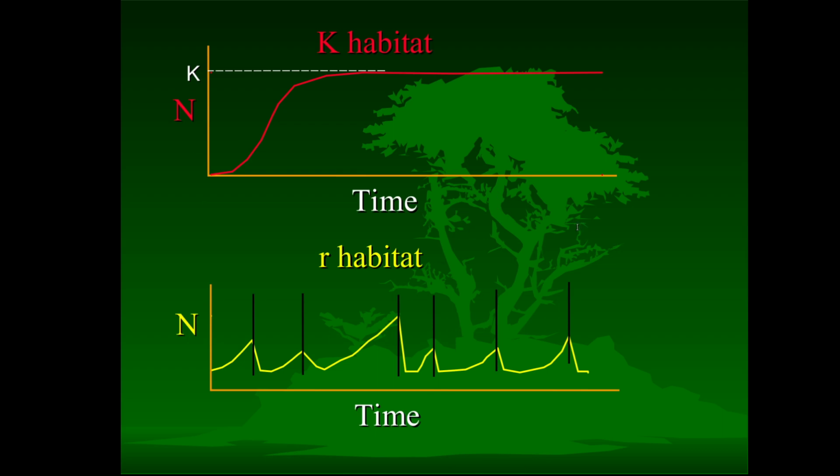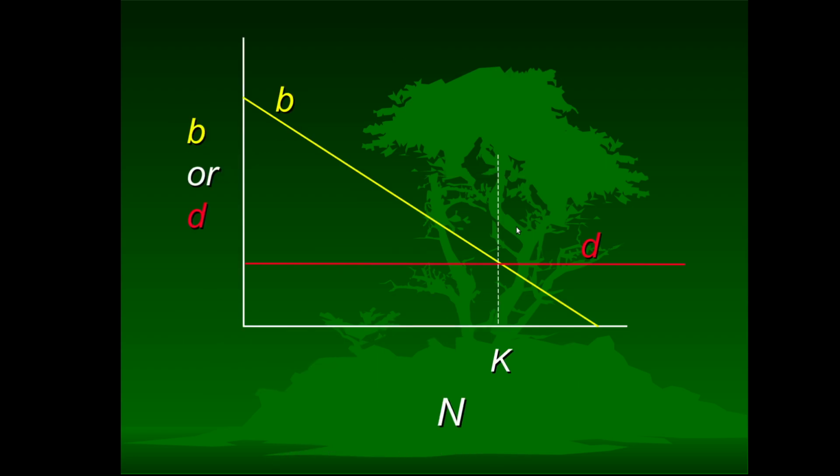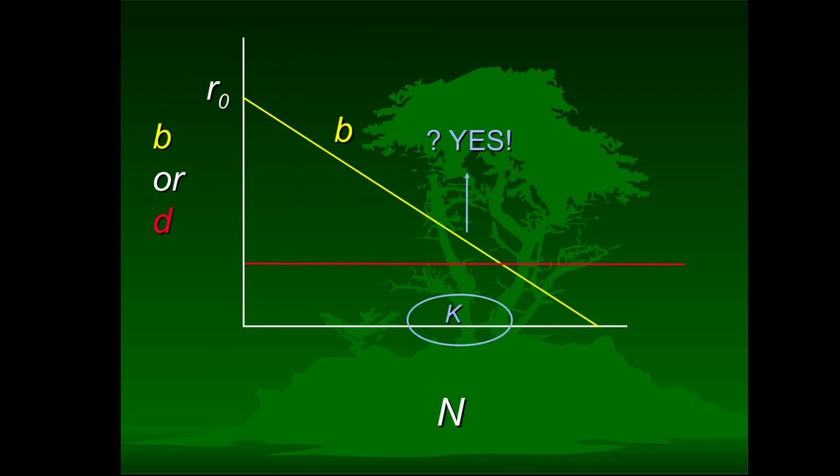And if individuals evolve greater competitive ability, it will increase their fitness at high density, which means increasing the distance between the B and D curves at high density. This is likely to come at a cost of fitness at low density. For example, not enough resources left over to have a high fecundity or a high r0.